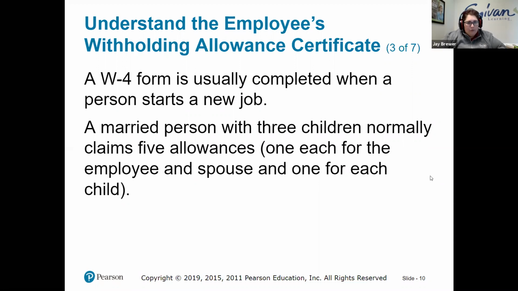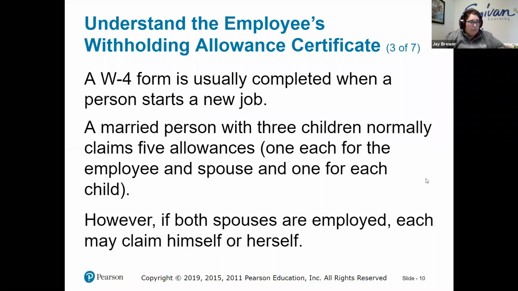I'm telling you guys right now, never ever do that. The more you claim in that section, you will just owe more and more at the end of the year. However, if both spouses are employed, each may claim himself or herself.